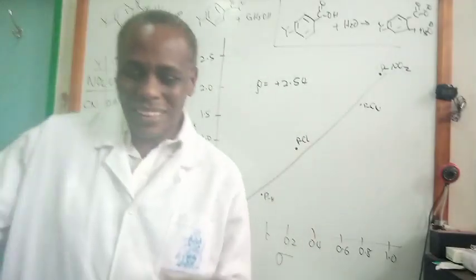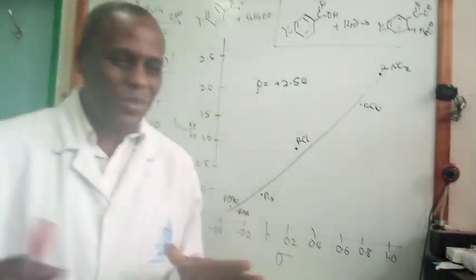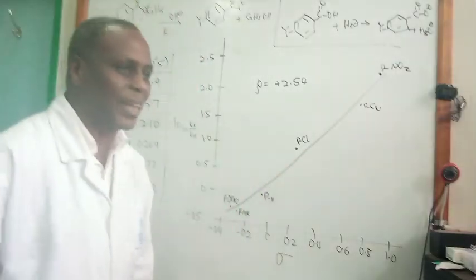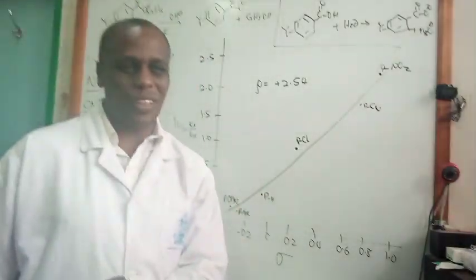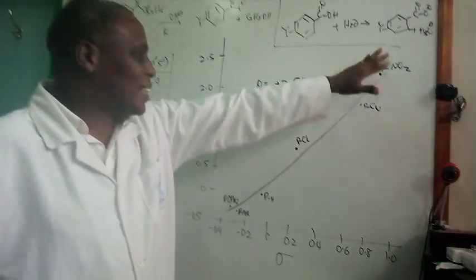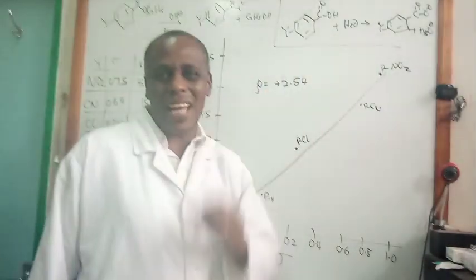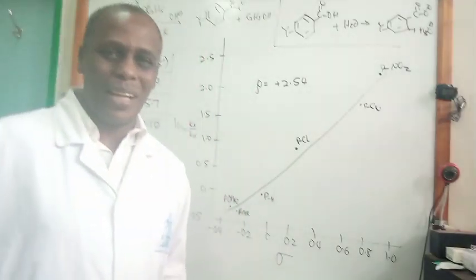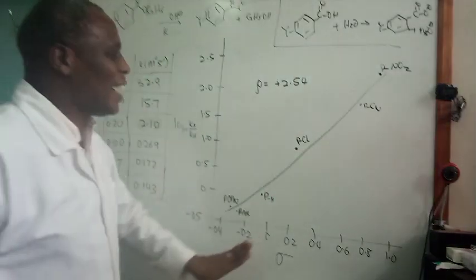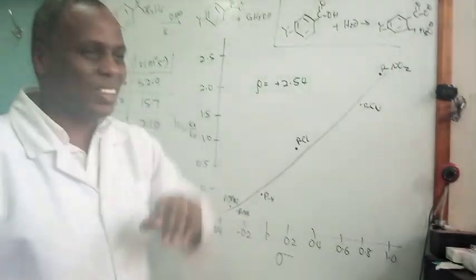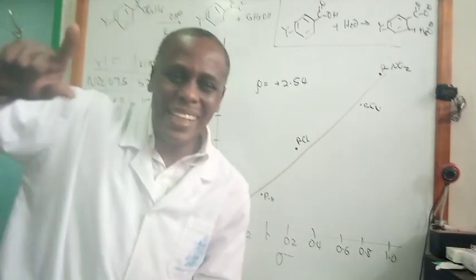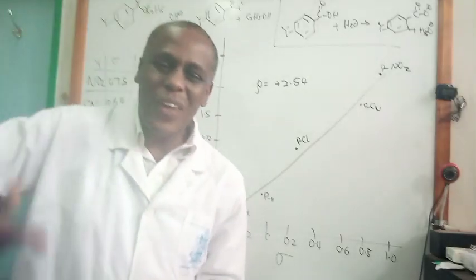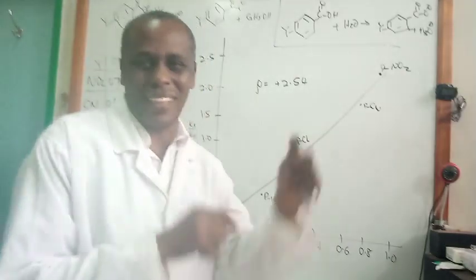I'm just seeing how we can summarize so that we don't take too much time, but the Hammett plots are going to tell us a lot of things about the mechanisms of reactions. So these ones which you are looking at now are called the linear Hammett plots. Later we look at the nonlinear. As I come to a pause for this session, the nonlinear Hammett plots contain far more information than just the linear.